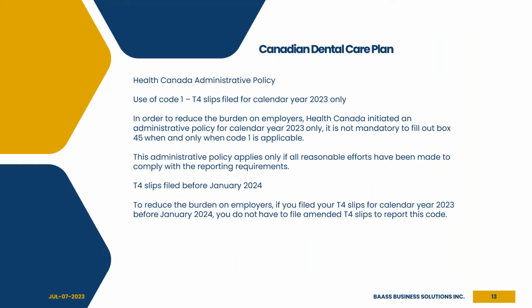So this is a latest release, the use of code 1 on T4 slip for calendar year of 2023. This only applies for this 1 year. In order to reduce the burden of employers, Health Canada initiated an administrative policy for calendar year 2023 only, that it is not mandatory to fill out box 45 when and only when code 1 is applicable.